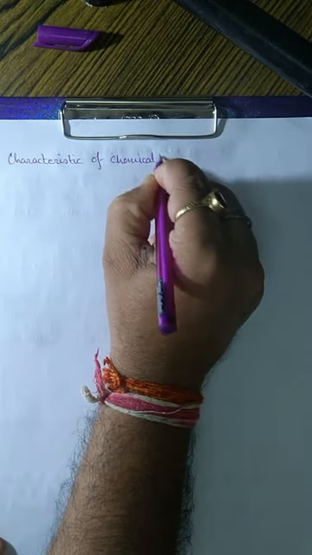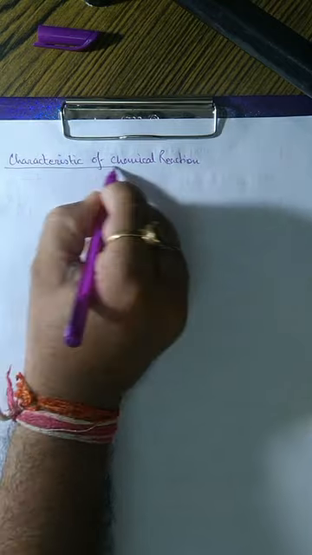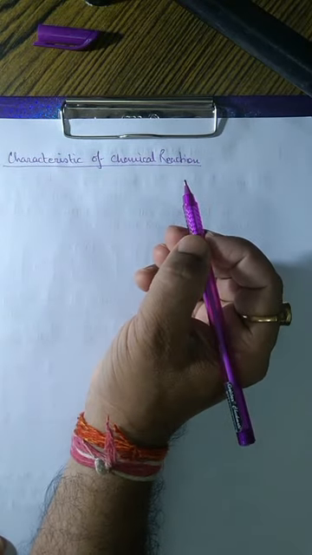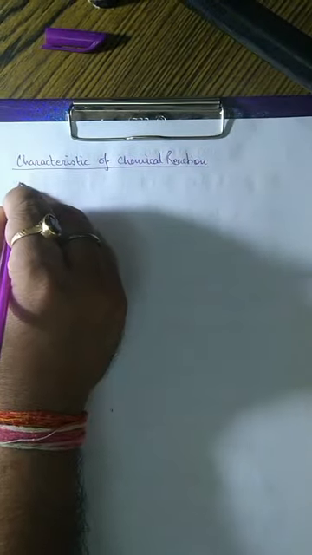In this topic, the easily observable changes which take place as a result of chemical reactions are known as characteristics of chemical reaction.